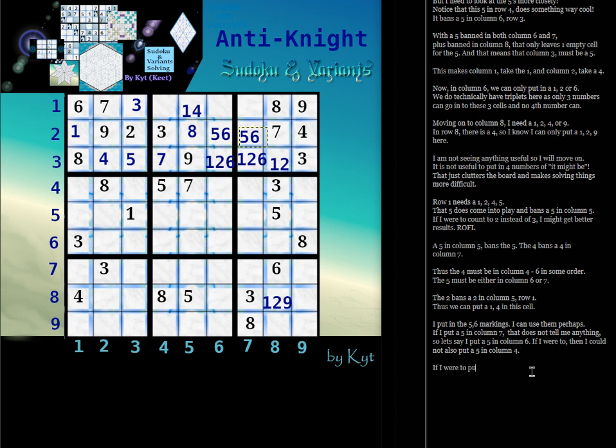If I were to put a 6 in row 1, column 7, then row 3, column 6 could not be a 6. I love it when my brain goes out to lunch. Let's try again.